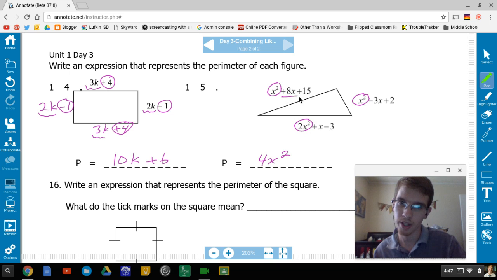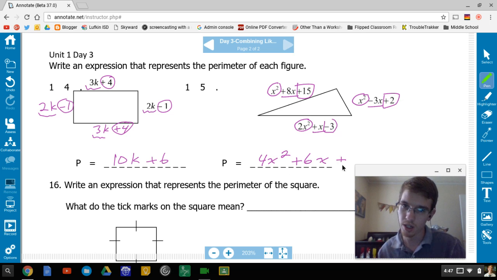Next we have 8x minus 3x plus 1x. So 8 minus 3 is 5, plus 1 is 6, so plus 6x. Now we have 15 plus 2, that's 17, should be 14. And there are all the sides.